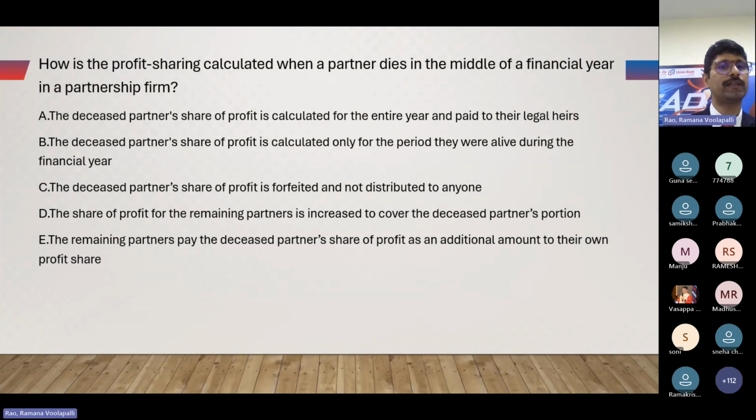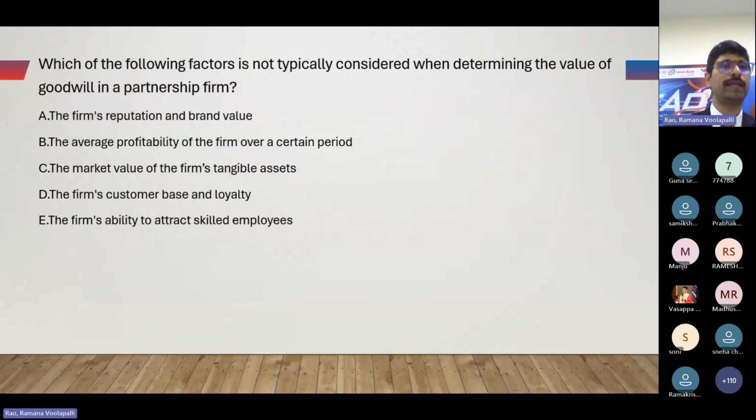The deceased partner's share of profit is calculated only on the profit for the period that they were alive during the financial year. So during that period only, he is eligible for the profit. Great, Subhashiniji. So the next one.